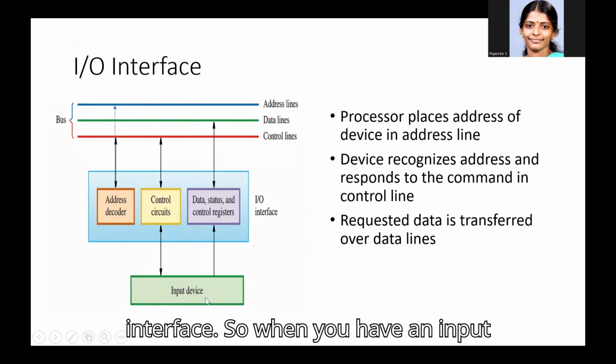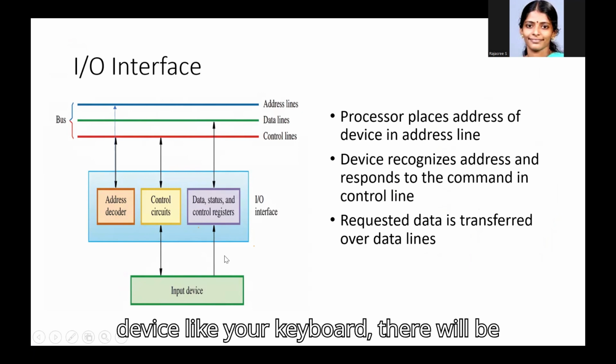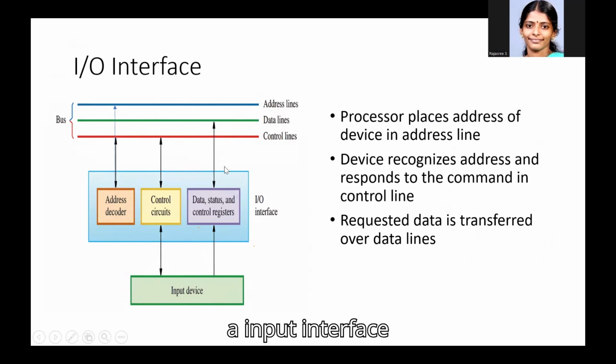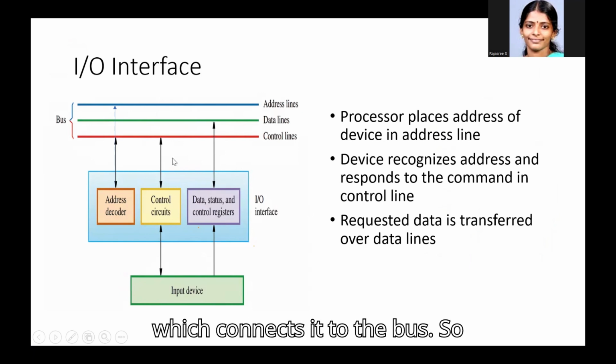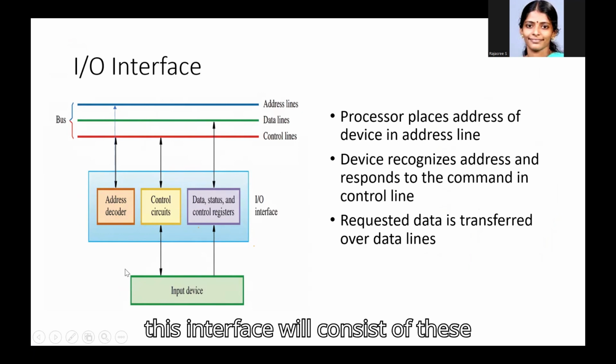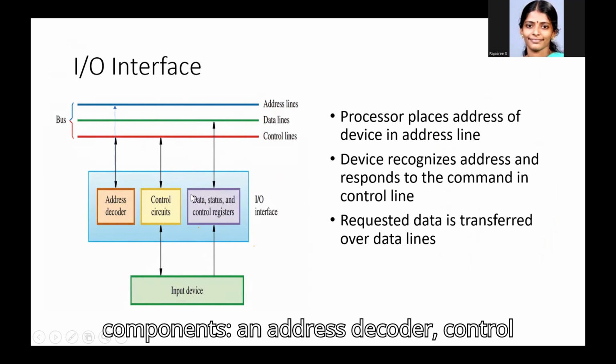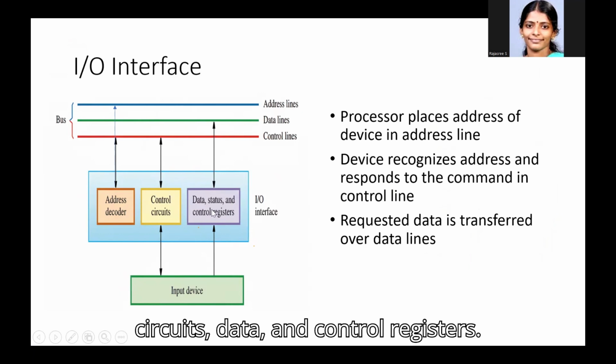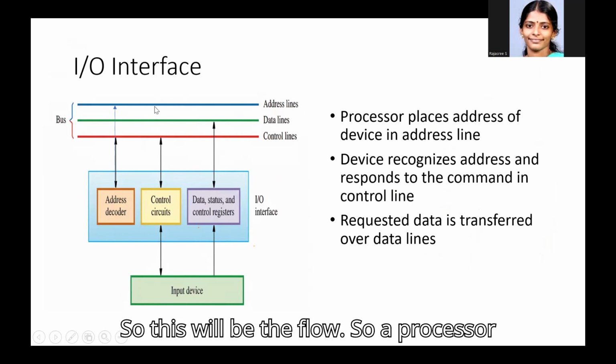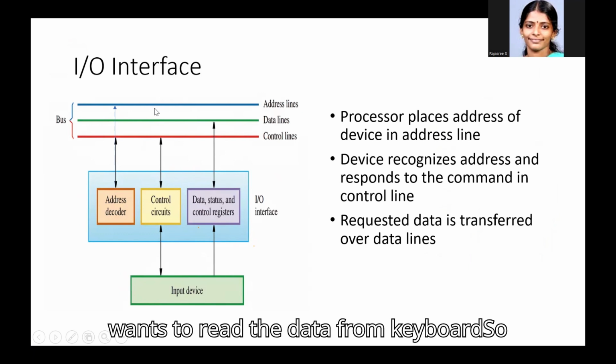When you have an input device like your keyboard, there will be an input interface which connects it to the bus. This interface will consist of these components: an address decoder, control circuits, data and control registers. So this will be the flow. A processor wants to read the data from the keyboard.